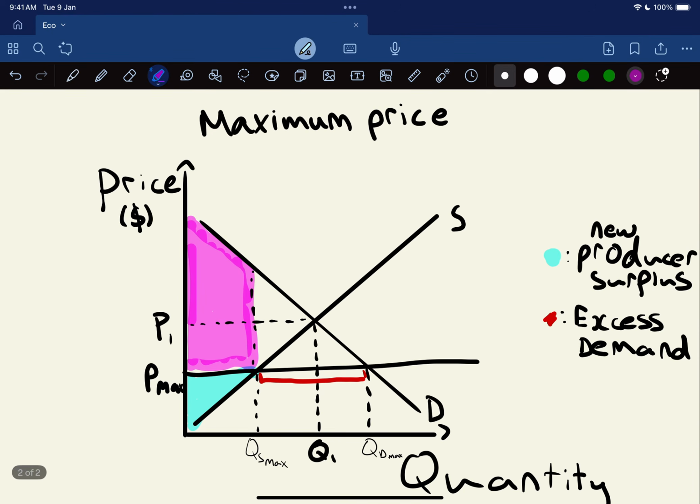And we'll write that over here. New consumer surplus.